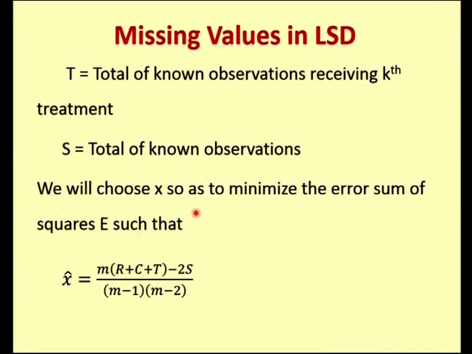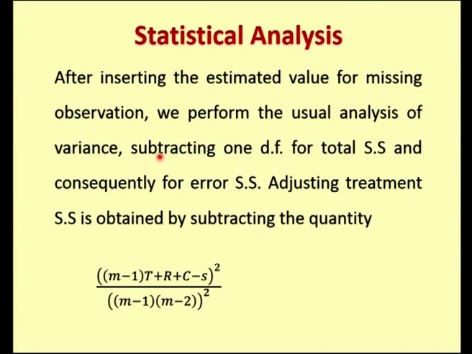Here we choose x, the missing value, so as to minimize the error sum of squares, such that x cap is equal to m into (r plus c plus t) minus 2s, divided by (m minus 1) into (m minus 2).